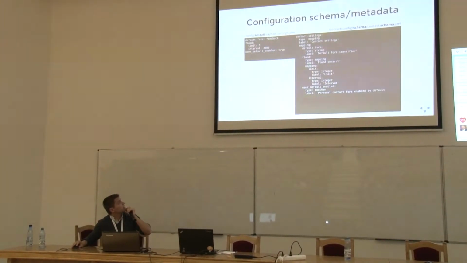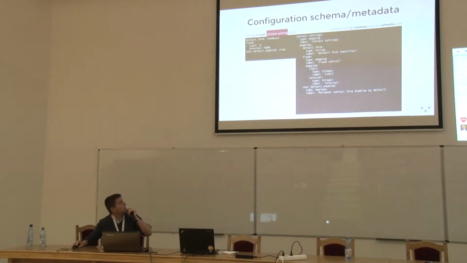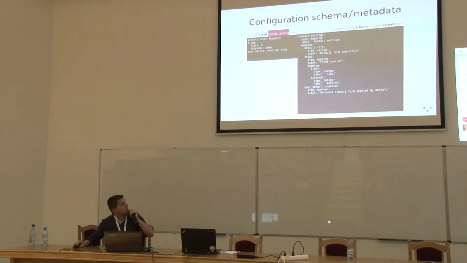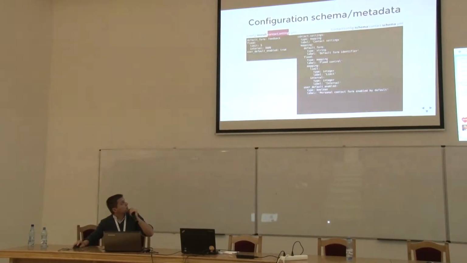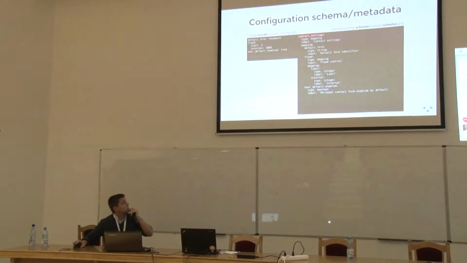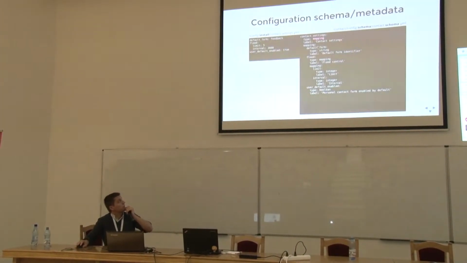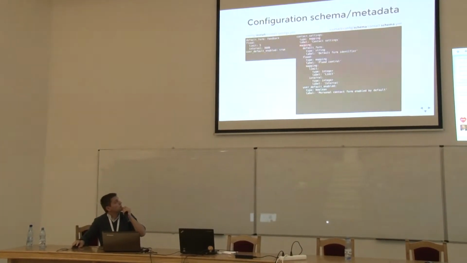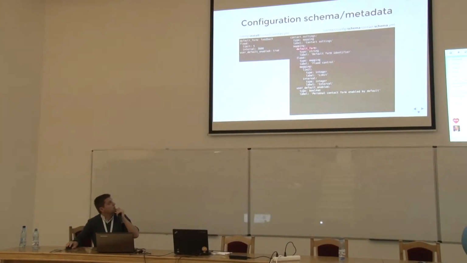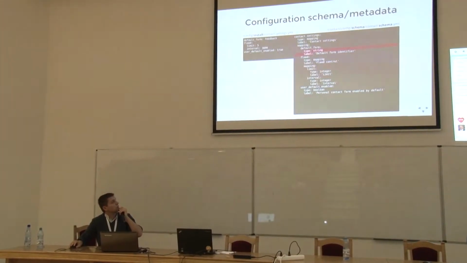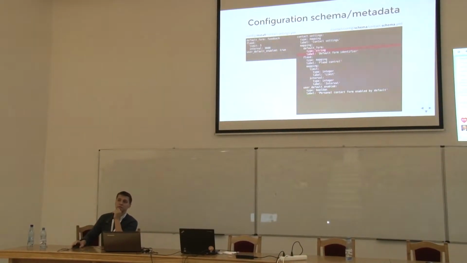As you can see, we have the key context settings. So in the configuration schema we define how the context settings will look. We have a type mapping, and under the mapping we define the key and the type of the value.